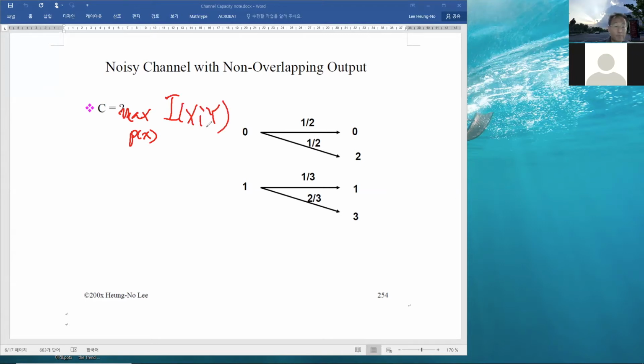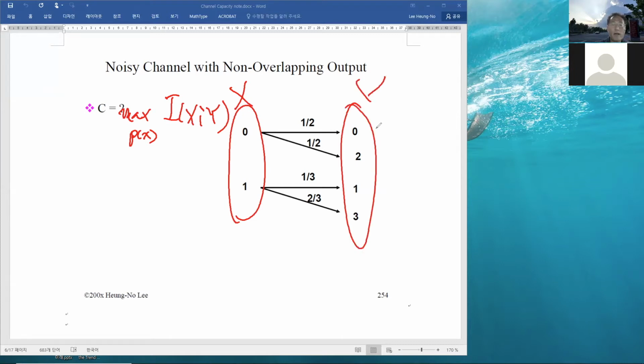Here is the alphabet of x and the alphabet of y, given like this. So you now have four possible outcomes of the channel.